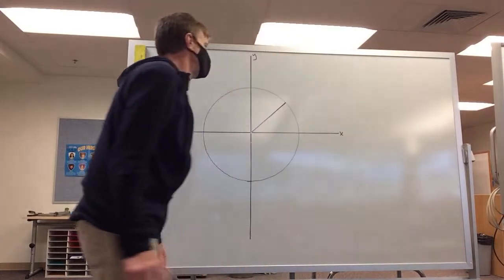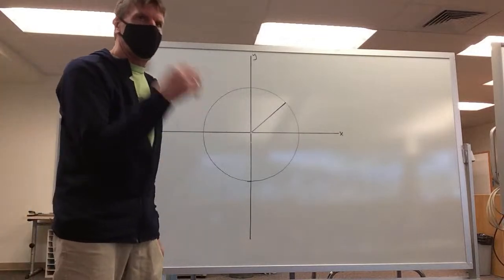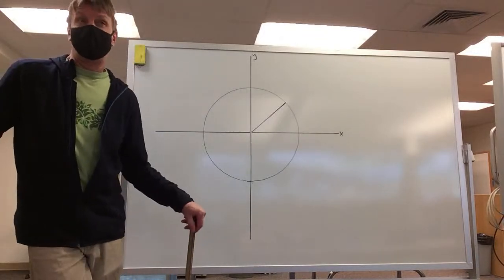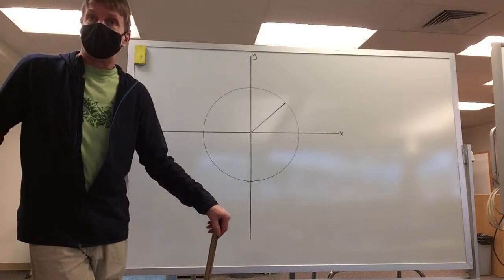So that radius is going to be the same as any other radius I draw, right? Yeah, if this is a perfect circle.